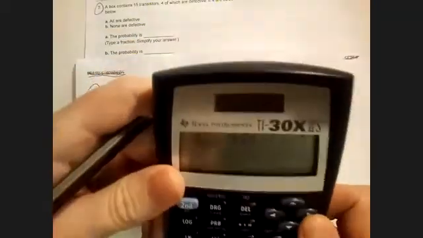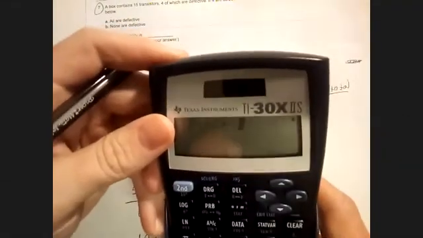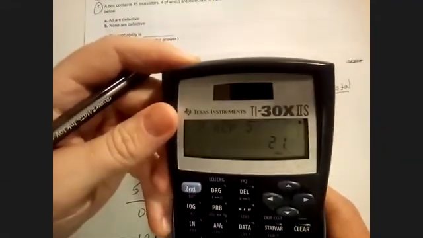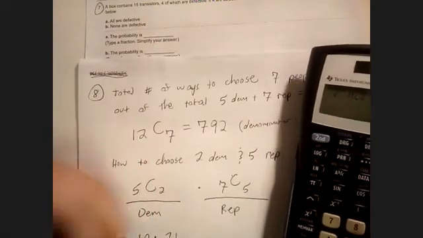Okay. So this is all I've got to work out. 5 choose 2 is 10, times 7 choose 5, which is 21, which is 210.